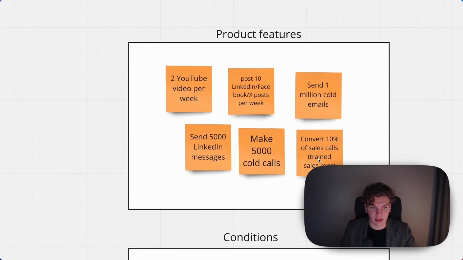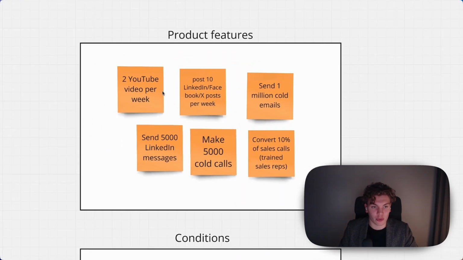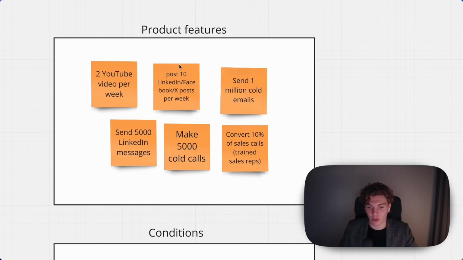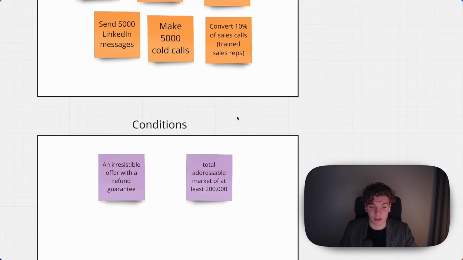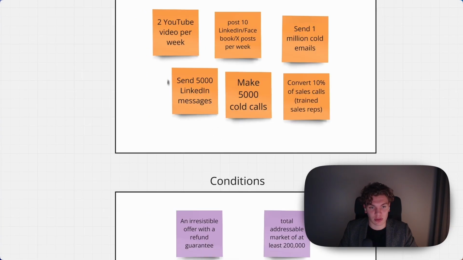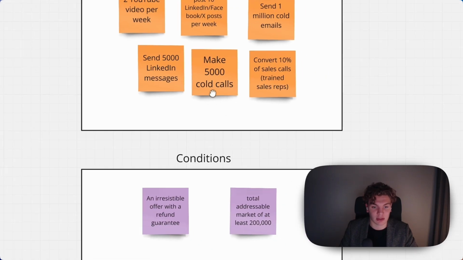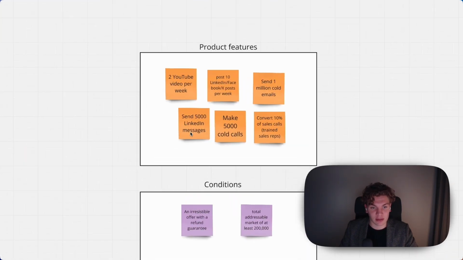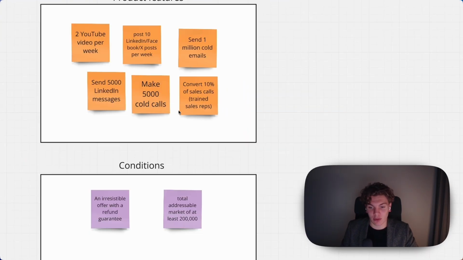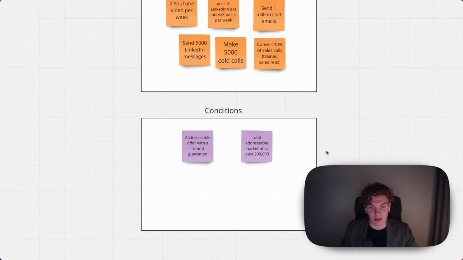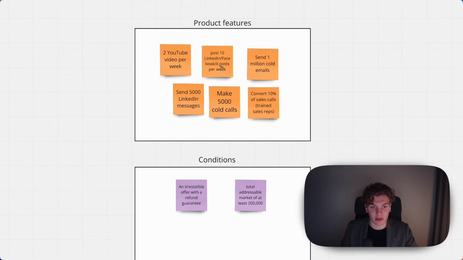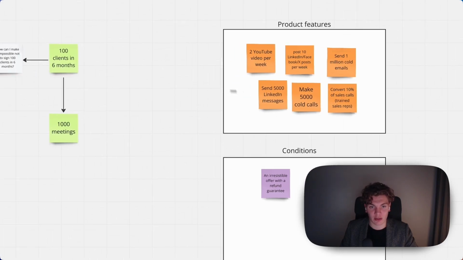Because if they have less than that, who is going to watch your YouTube videos? Who is going to follow you on LinkedIn, right? How are you supposed to send 1 million cold emails, and this is including follow-ups by the way, if there's not at least 200,000 in the market? How are you supposed to send 5,000 LinkedIn messages if there's not enough leads? How are you supposed to make 5,000 cold calls, right?